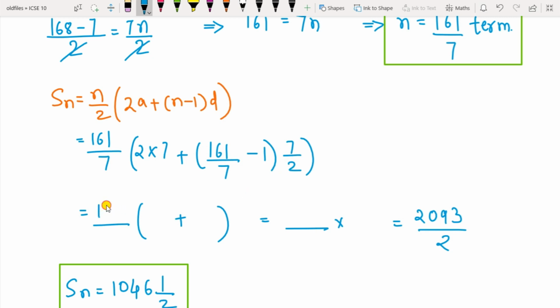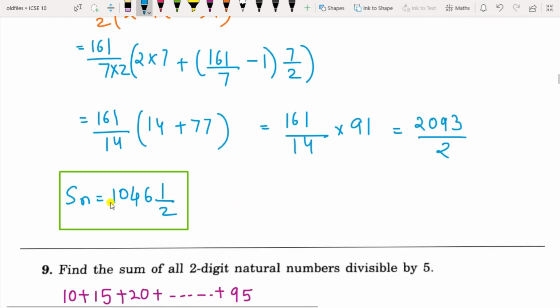So this will be 161 by 14, and here also into 2. This 7 by 2 is 14. So this is 14, and if you solve this one, you get the value as 77. So this is 161 upon 14 into 91. If you solve this, you will get the value as Sn equal to 1046 1 by 2.